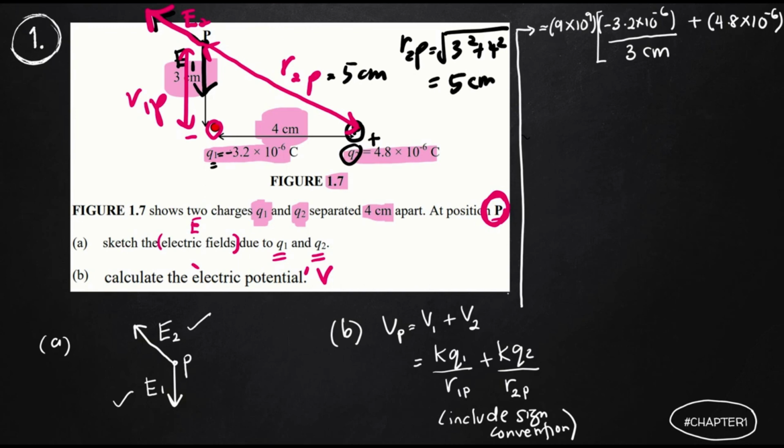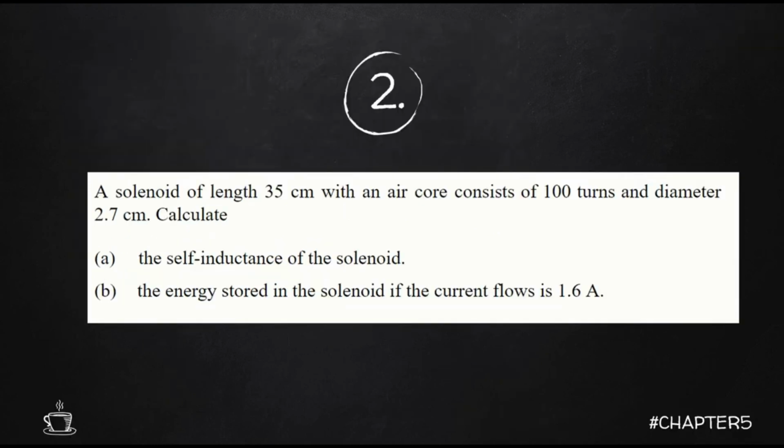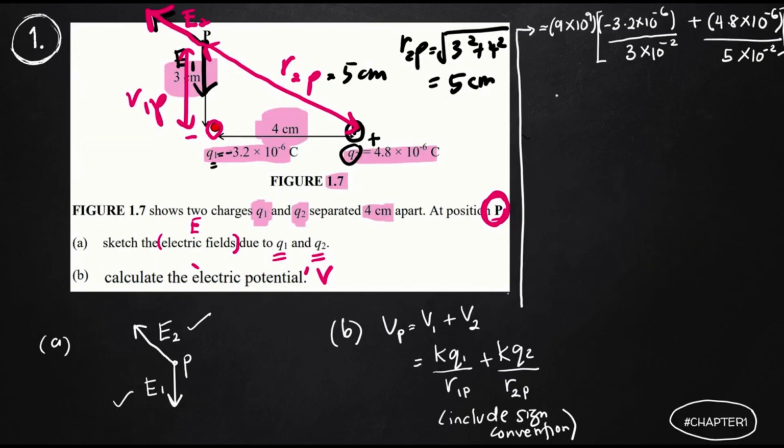Go back to the equation. Then this here is supposed to be 5. Remember we're supposed to use SI units, so 10 to the negative 2 times negative 2. Then you'll get the answer as negative 9.6 times 10 to the 3 volt.